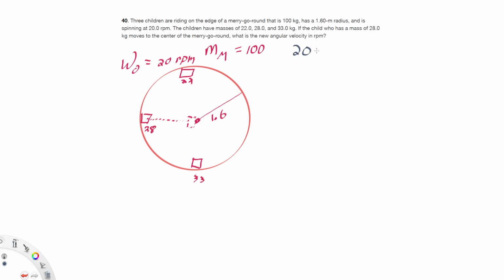So 20 revolutions per minute, and this is like a chemistry style dimensional analysis. 2 pi radians is the same as 1 revolution, and 1 minute is the same as 60 seconds. So this is like 2.1 rads per second.